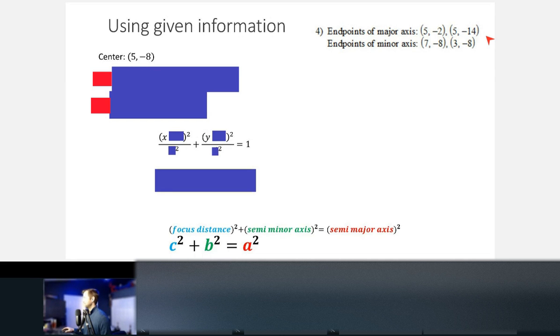Let me see that. Yeah, so endpoints of the major axis are these. And the y values are the ones that are changing between these 2 points. So I'm just going to put a y. Oops, that's not my pen.